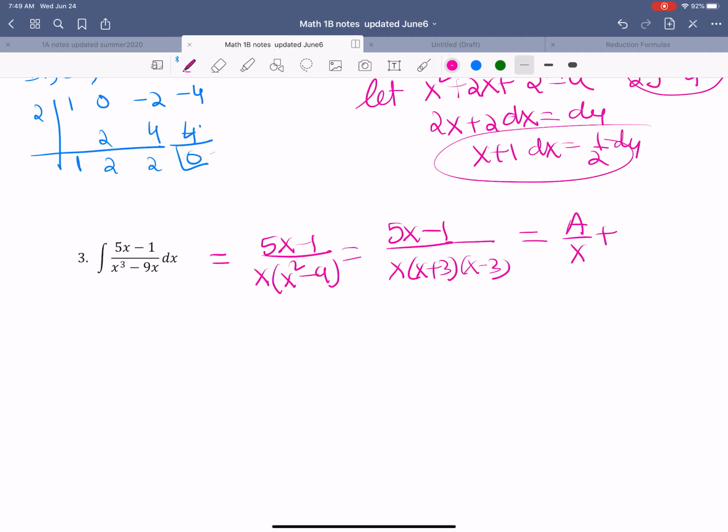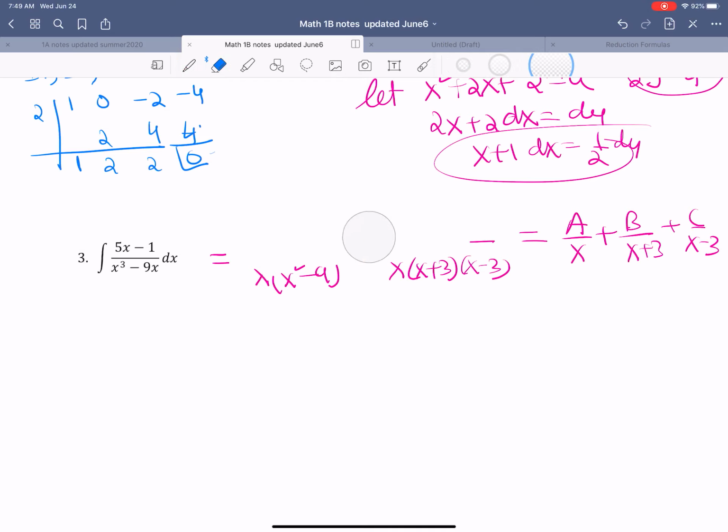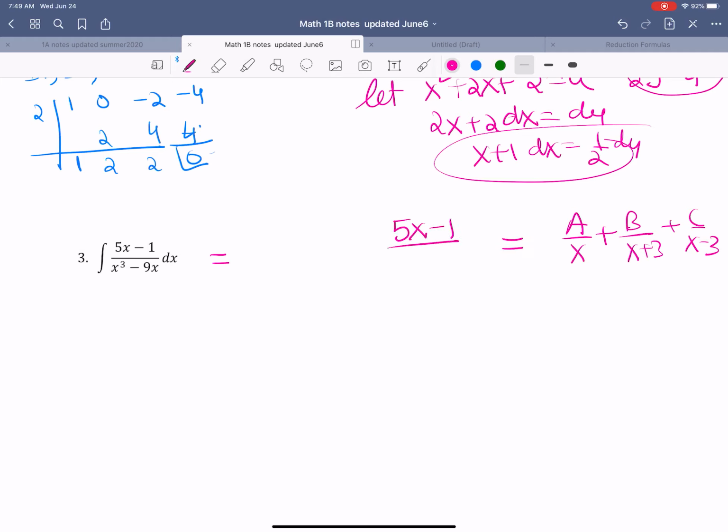We have 3 distinct factors in the denominator. Let's see, what does it turn out to be? So this was equal to 5x minus 1 over x times (x squared minus 9), which was 5x minus 1 over x times (x plus 3)(x minus 3).